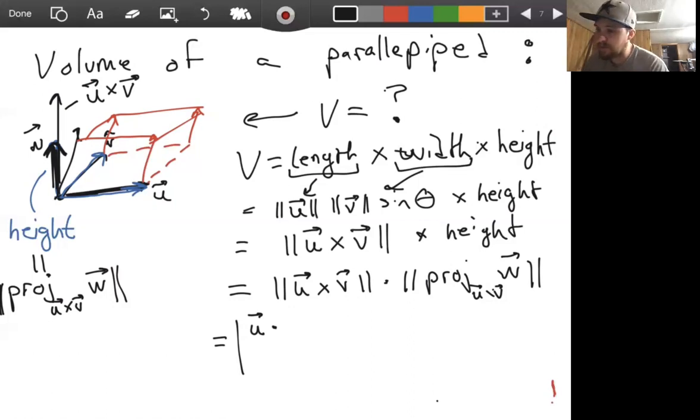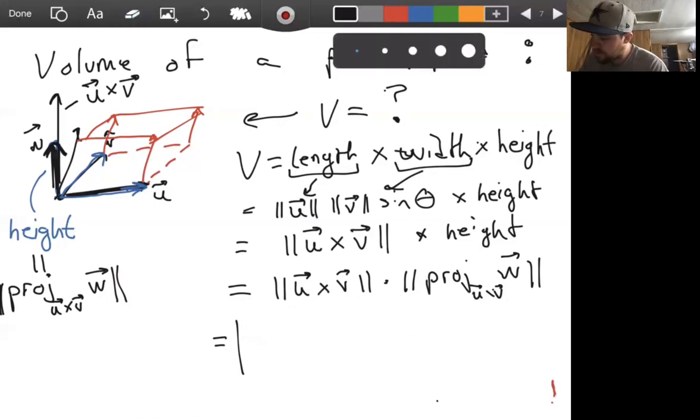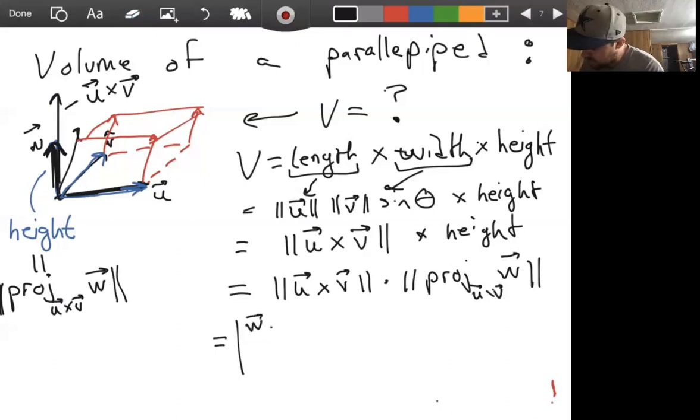So this should be W dot, so this looks a little cleaner.